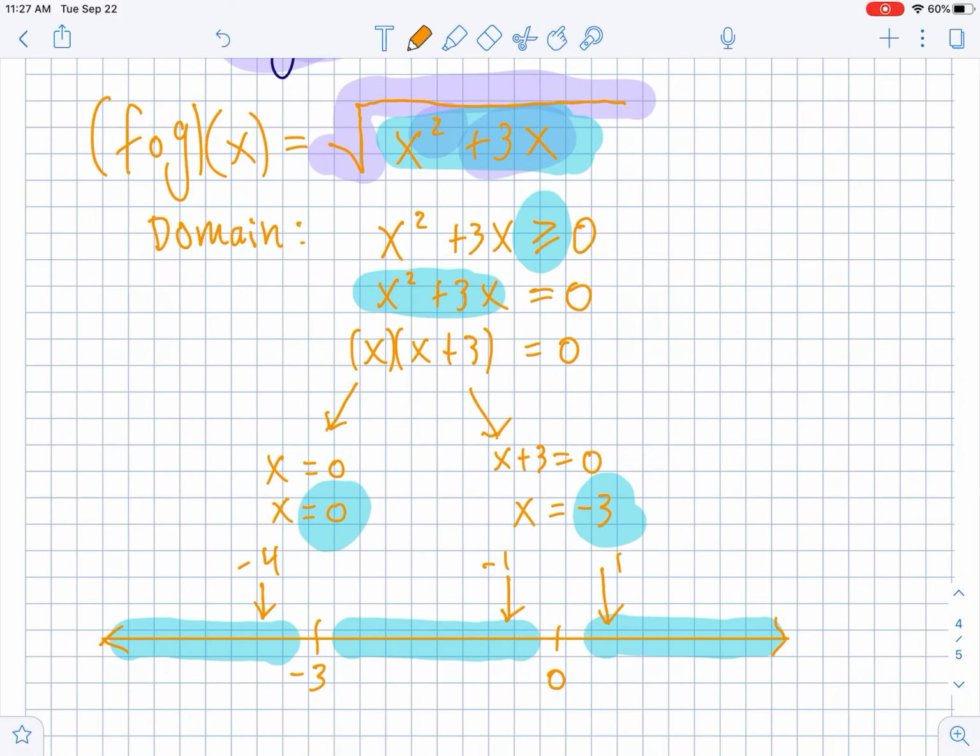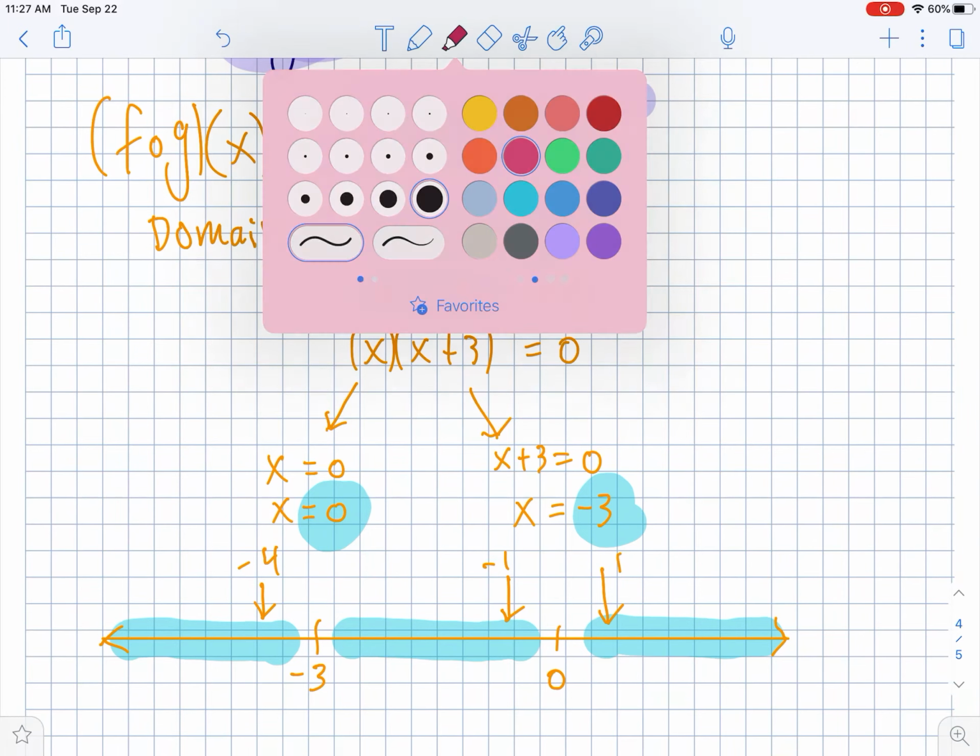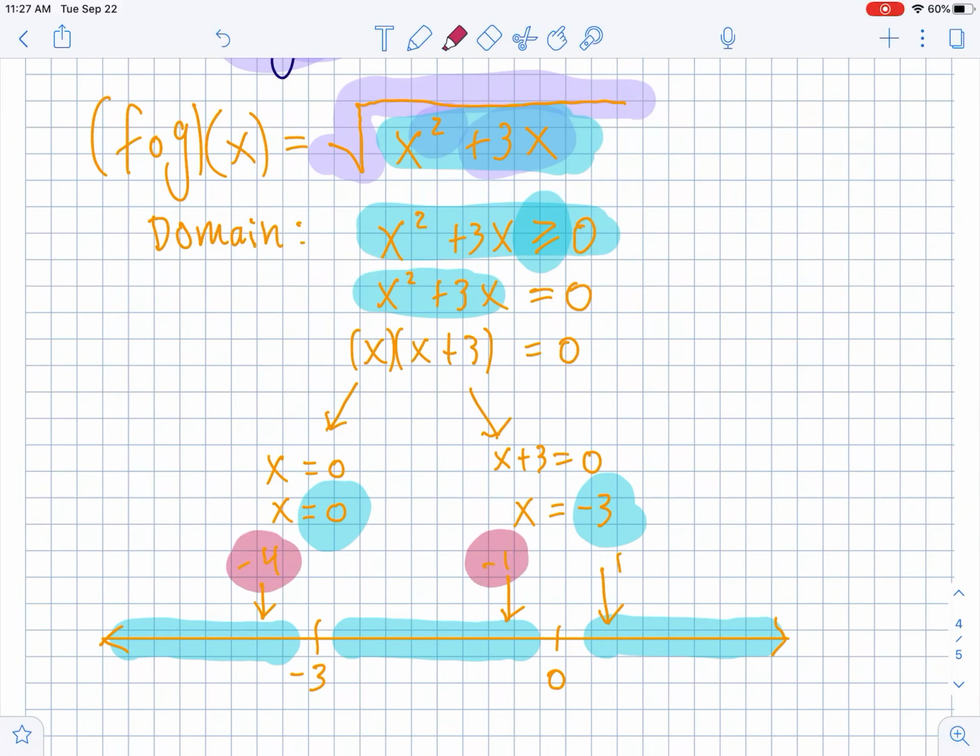Then you have to test all three of these in your inequality, because remember, the big point of all this is we're trying to keep that square root positive. So you feed the negative 4, the negative 1, and the positive 1 into the inequality. Let's test negative 4 first.